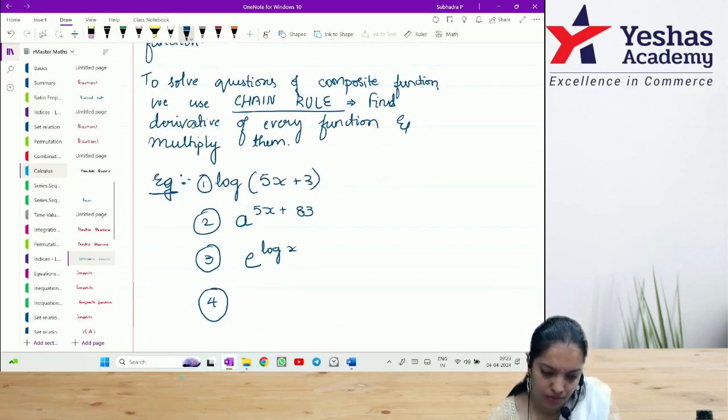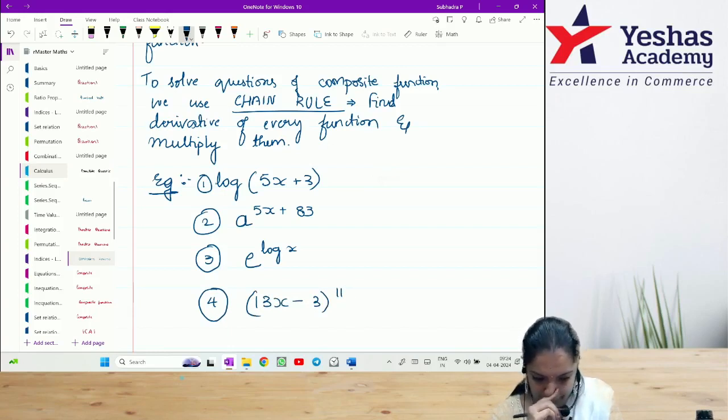Fourth, let's take something else, like (13x minus 3) whole to the power of 11. All these are examples of composite function.